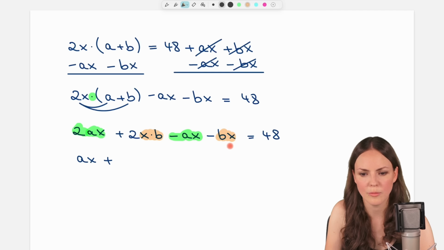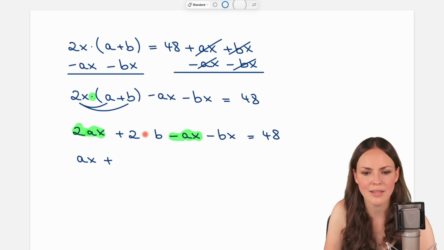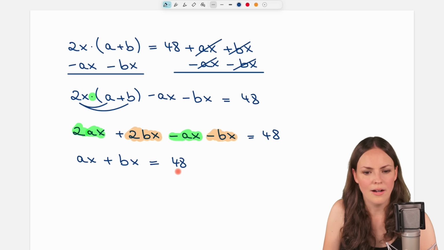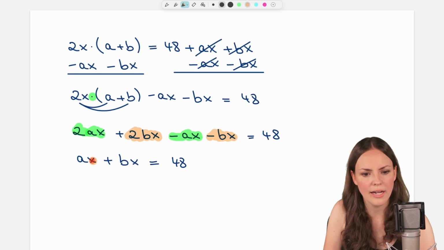I prefer the alphabetical order, so let's switch these two here. Let's write the b first and then the x, so that we can see we have 2 of the bx here, and we subtract 1 of them, so that we get 1 bx as a result, and on the other side the 48.